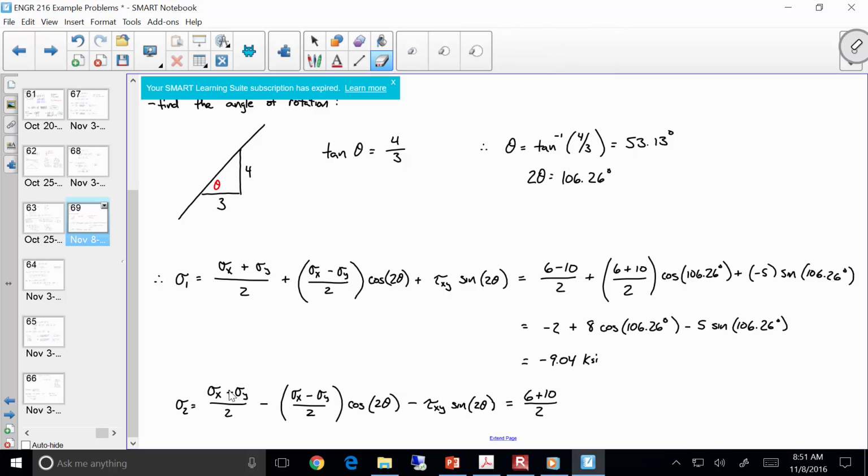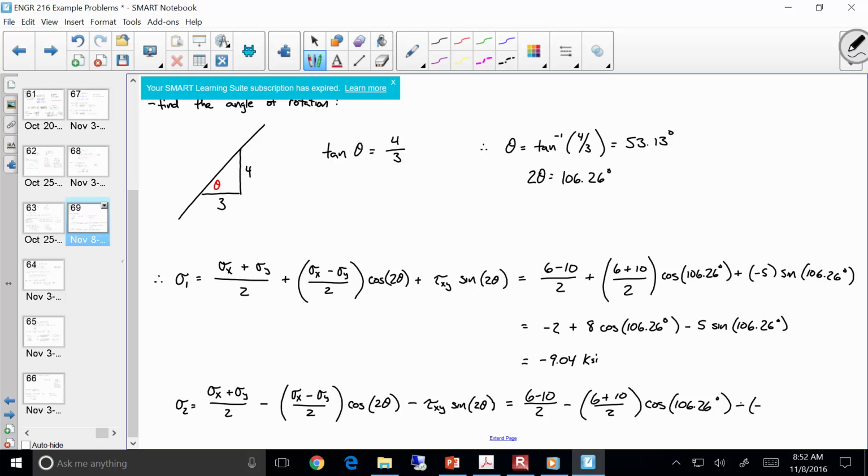Number 6. All right. Minus 6, that's plus 10, over 2, times cosine 106.26. And then minus, well, I'll tell you what, minus negative 5.